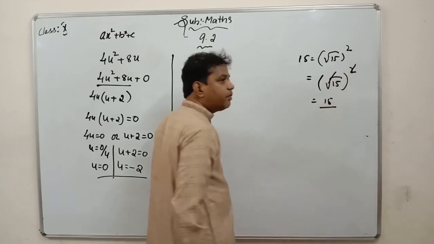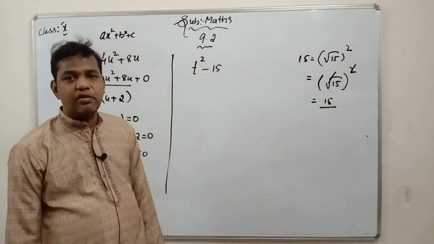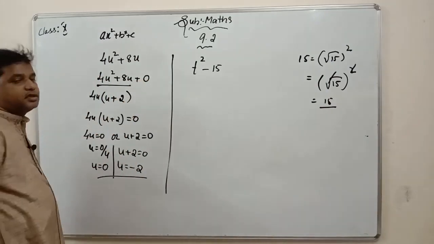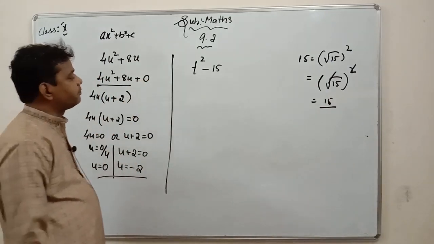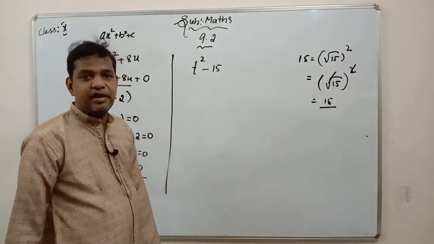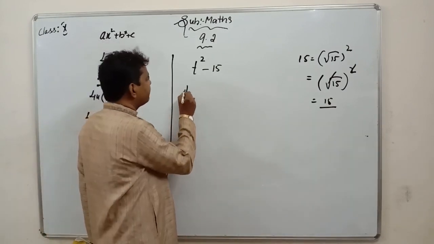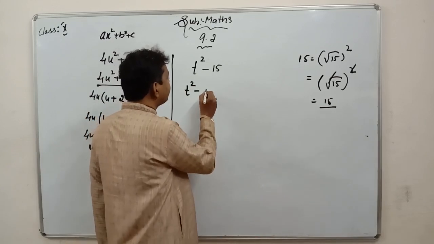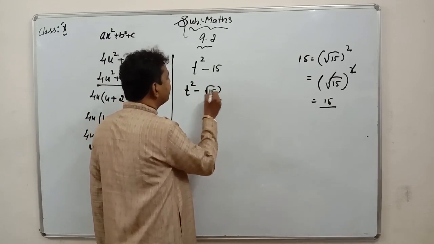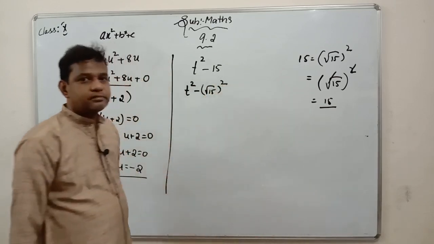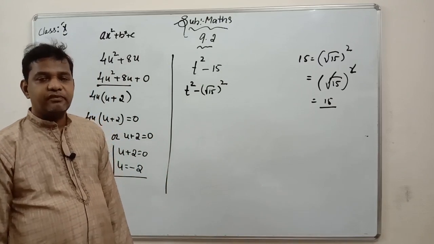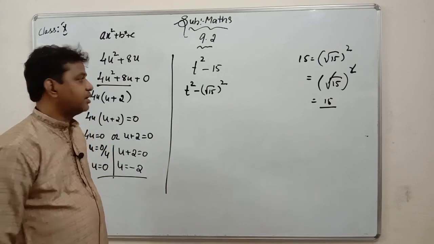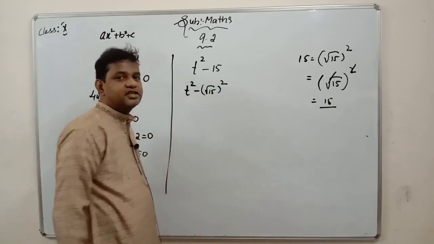I told you, don't change the value in the equation. In the same way here we are not changing, just adding plus 0 to make it in the general form. So here also the same thing: t square minus 15 can be written as t square minus root 15 whole square. Now in which form is it?